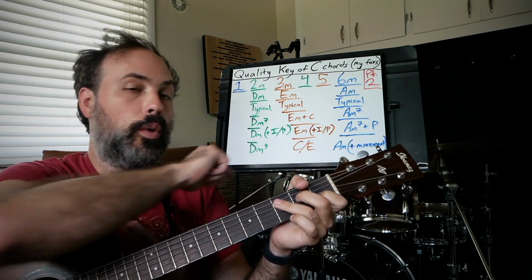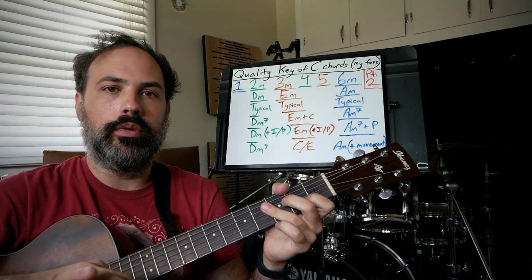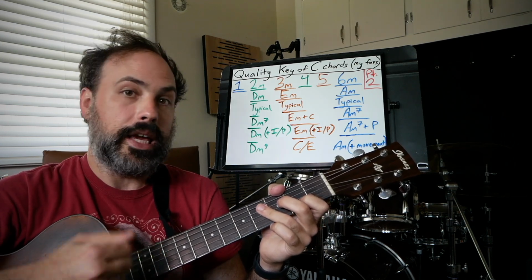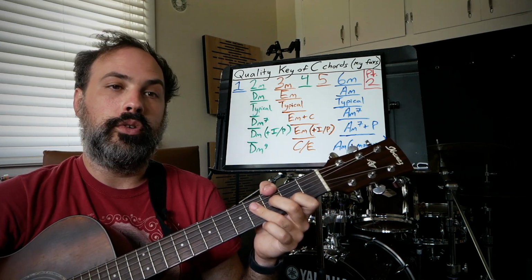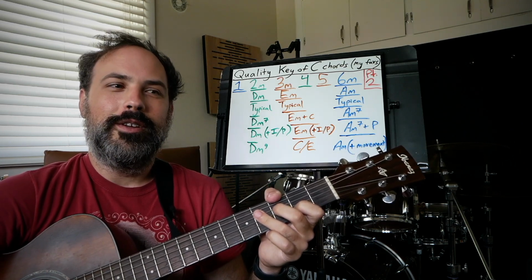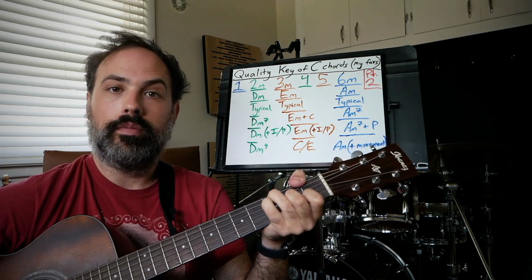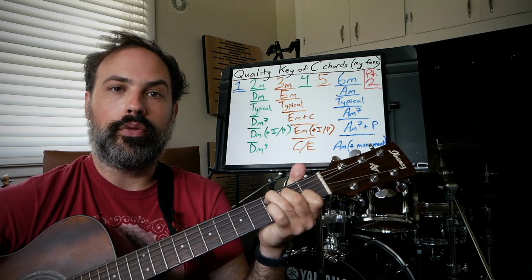You could just play a C chord, because if there's a bass player underneath you, they can play the E, right? But if you are looking to have more qualitative, colorful, flexible chords, that is a great thing to know how to do: to be able to play that 1 over 3 in whatever key you're in.